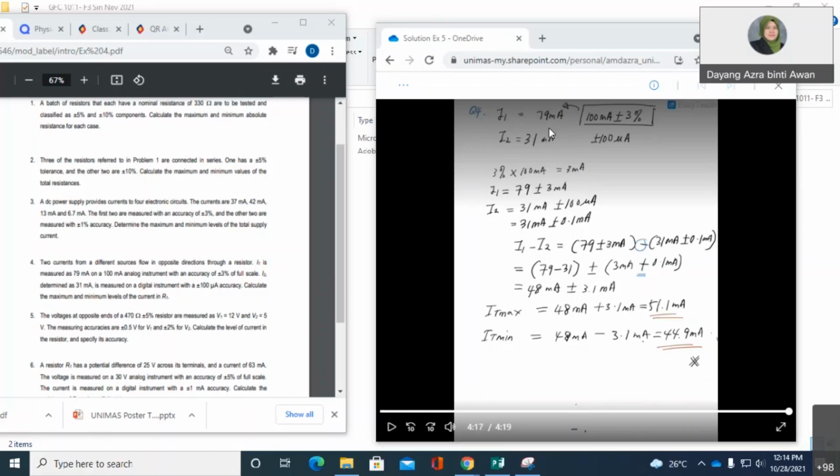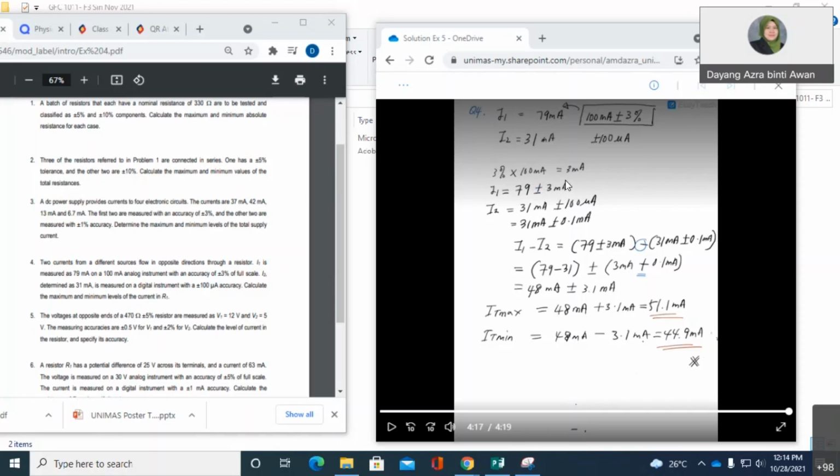As you can see here, there is a mistake in the solution. Just as I mentioned before, the 3% of 100 milliamp is not the error of I1. You need to write 3 milliamp divided by 79 multiplied by 100%, then you can get the error of I1, which is around 3.8%. So 3.8% of 79 milliamp is the error of I1. That 3 milliamp is the error of the analog instrument only.